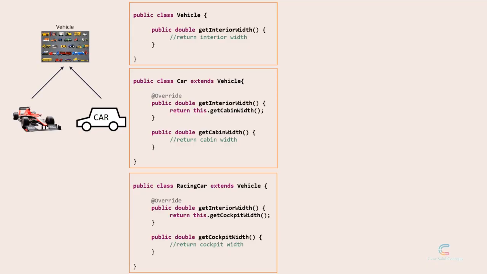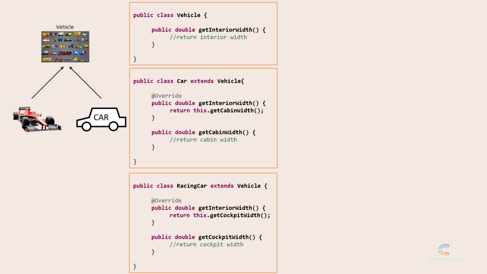Next, we have the racing car class that also extends vehicle. The racing car class also overrides the same getInteriorWidth, which in turn calls its getCockpitWidth method internally. So that's the code restructuring that is needed to follow the new hierarchy.